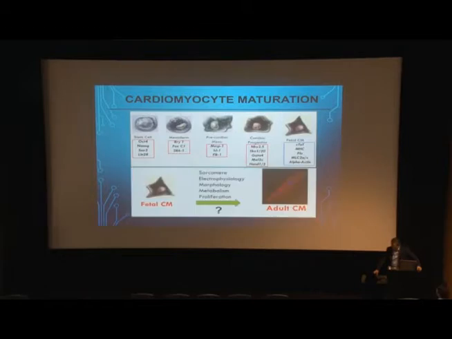Indeed, from fetal cardiomyocytes to adult cardiomyocytes, there are tremendous changes in many aspects: from a structural point of view, a functional point of view, a metabolic point of view. Yet the underlying mechanism appears to be poorly understood and really understudied compared to other aspects of cardiac development. So from a very naive point of view, we thought that this could be a very interesting gap in our knowledge that we can tackle.